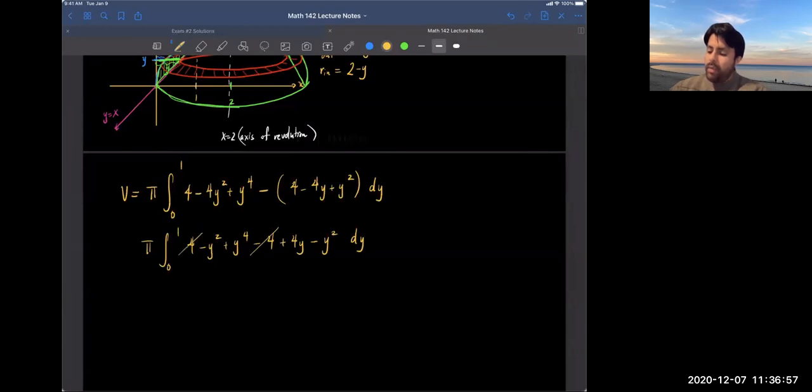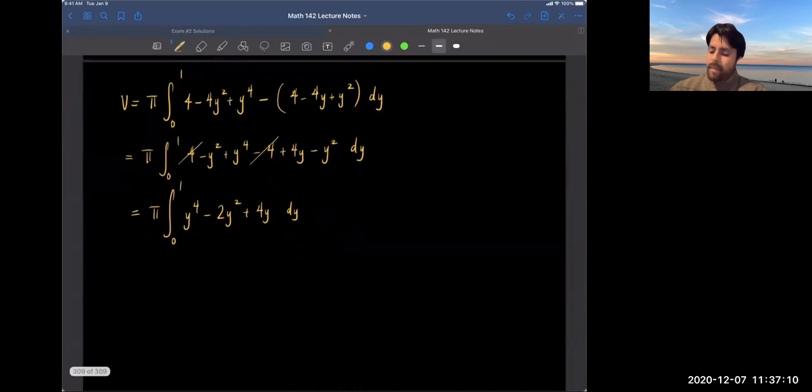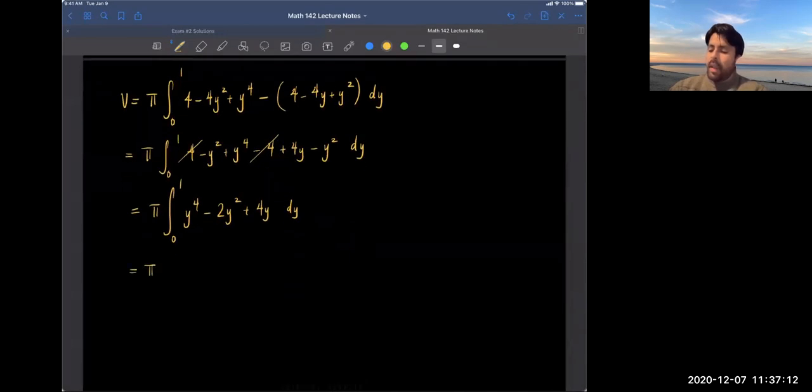So the 4's cancel and the y squareds combine, and I get y to the 4th minus 2y squared plus 4y dy, 0 to 1, pi. And y to the 4th, I get y to the 5th over 5 minus 2y cubed over 3 plus 4y squared over 2, which is the same thing as saying 2.